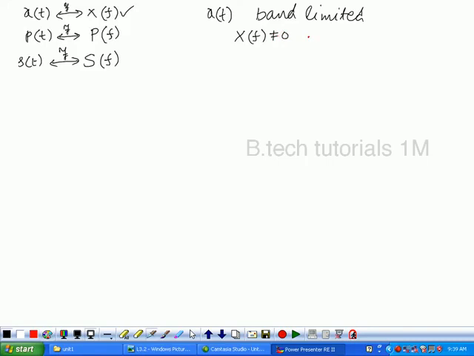This is not equal to 0 for a finite band of frequencies, that may be from minus fm to plus fm, where fm is the highest frequency component present in the signal. Okay, X of f is not equal to 0 from minus fm to plus fm. In the remaining interval, it is 0. So this will be 0 otherwise. So if this condition is satisfied, the signal x of t is said to be band limited. Understood this?